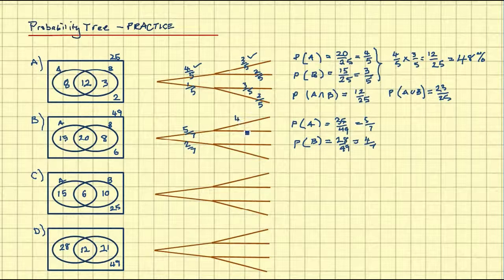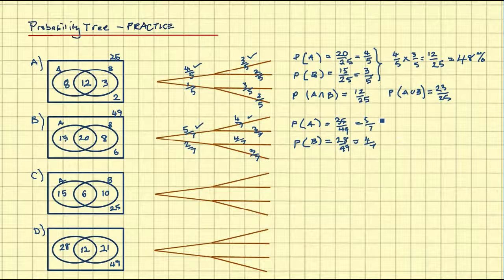So that gives me my second branch, 4/7, and that means this must be 3/7, and assuming independent probability, the numbers are going to be the same on these branches here. So that completes the tree diagram.